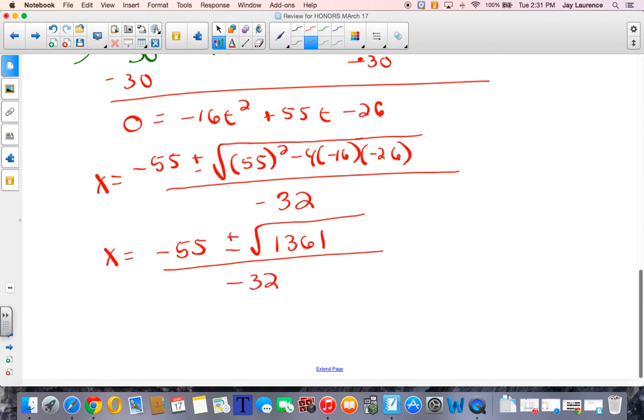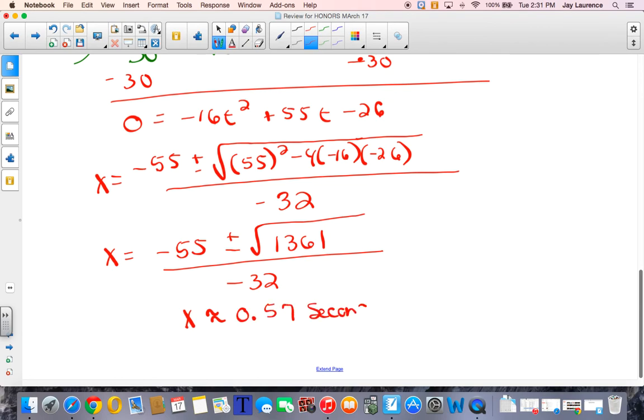And so we're going to go negative 55 plus the square root of 1361 divided by negative 32. And there's my positive answer. And that bothers me. Oh, no, that's okay. Oh, one's not going to be negative. Silly me. Sorry. T is going to be approximately 0.57 seconds.